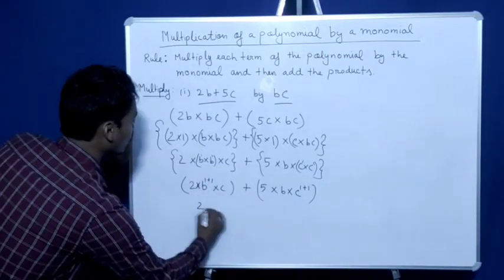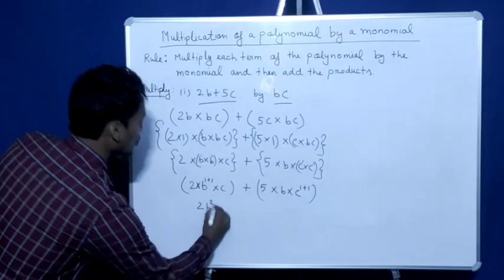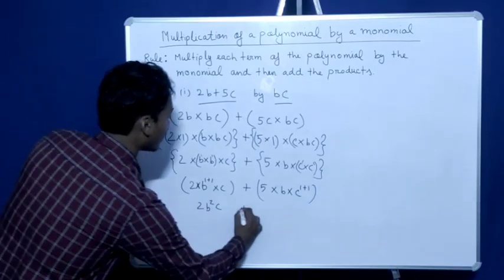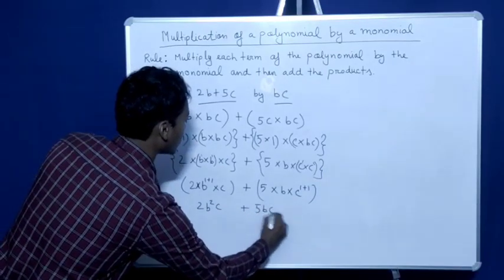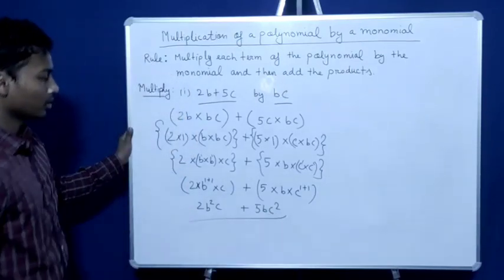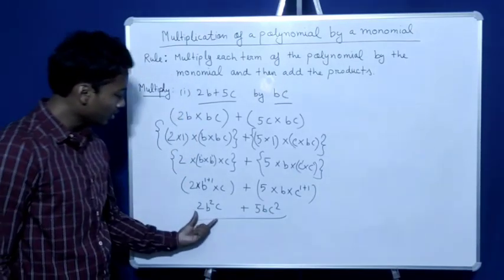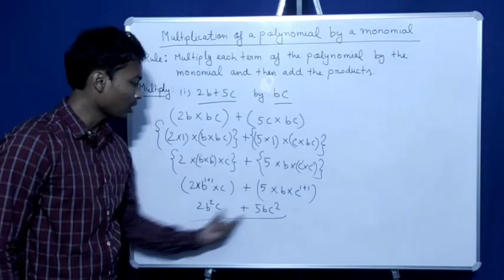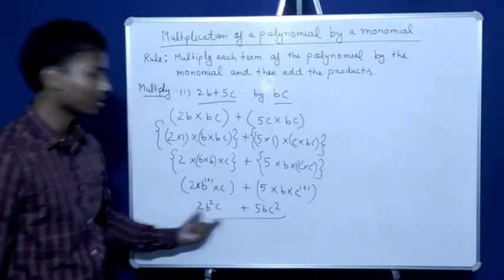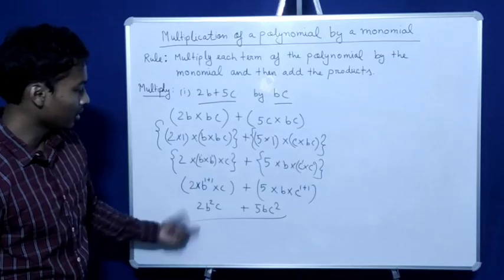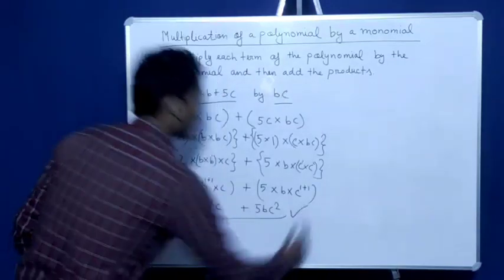So 2 b square c plus 5 b c square. So you see here these two terms are not the same, they are unlike terms, so they cannot be added. So this is the answer.